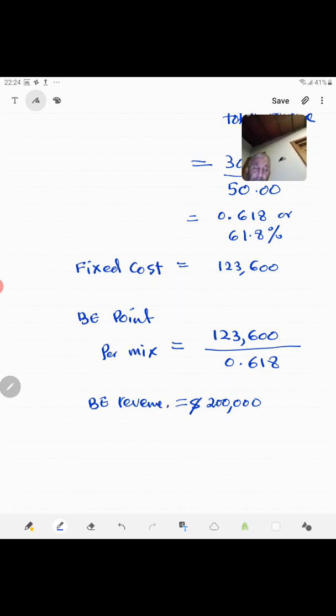Now we have to find out the break-even quantities. In finding that, we take the break-even revenue and divide it by the revenue of the mix.